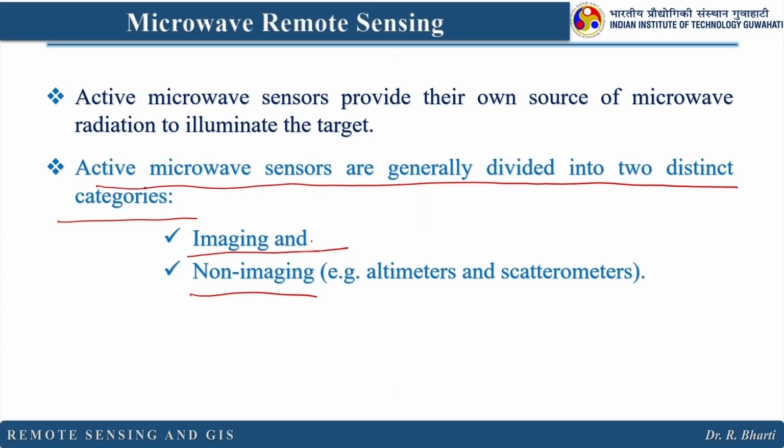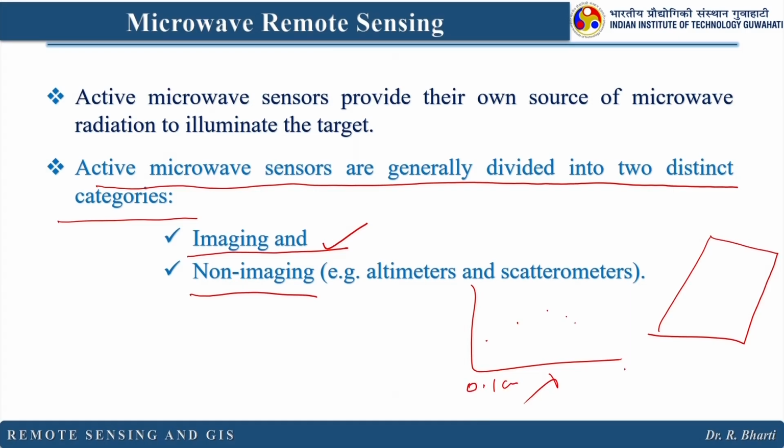So here we can generate either image or we can generate values in those wavelengths, right. And these wavelengths will be essentially 0.1 centimeter to 1 meter, and this will be the range, and depending upon your instrument the values will be generated, right.